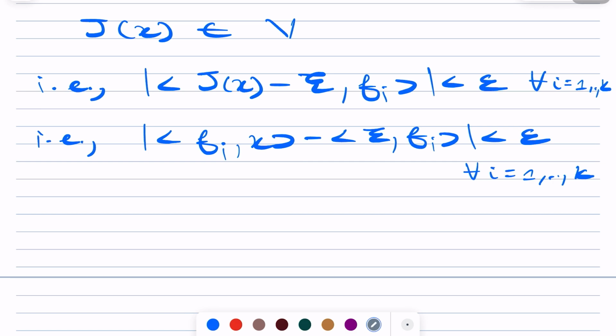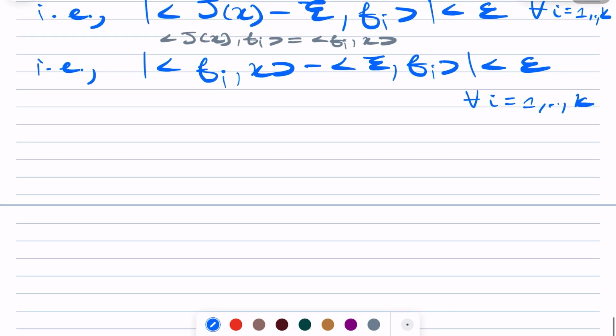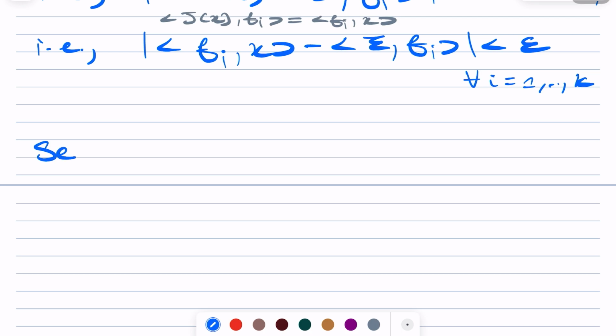We know that J of x, this duality pairing, J of x comma fi, is nothing else than the duality pairing of fi and x. So set, say, gamma i, just to be consistent.